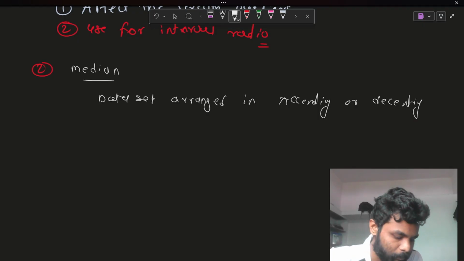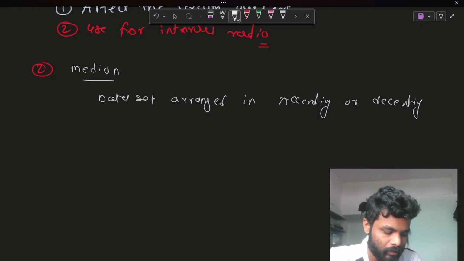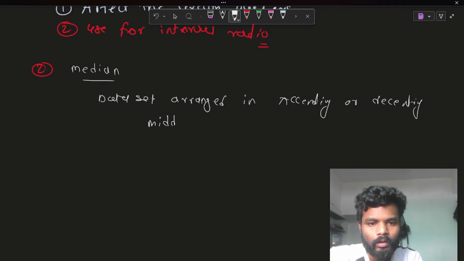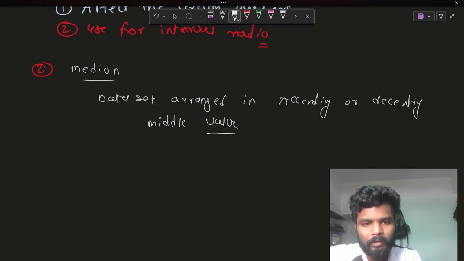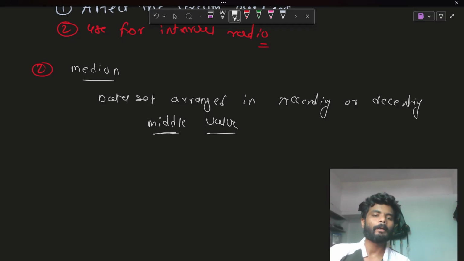We simply decide the middle value. When you have a data set, arrange it in ascending or descending order and simply calculate the middle value. That's the midpoint.